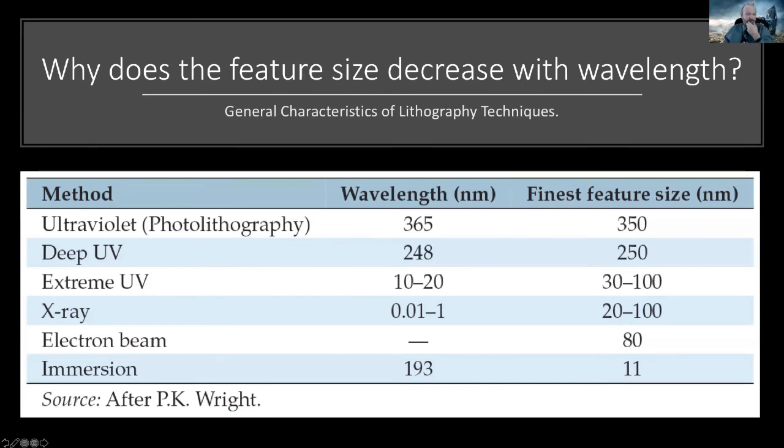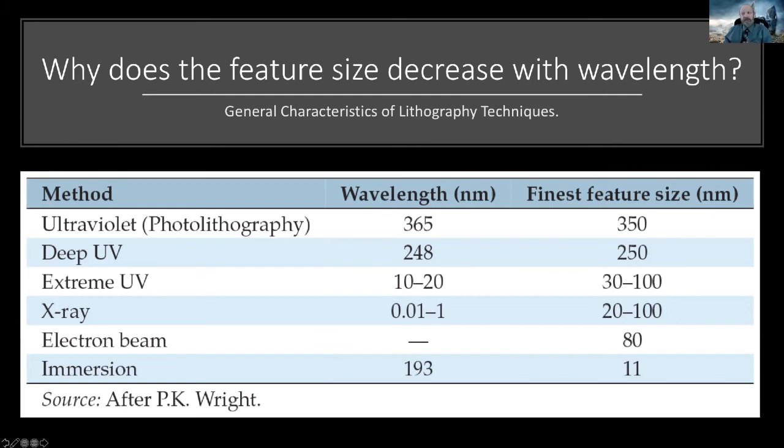If you're using ultraviolet light, standard photolithography, this is 365 nanometers, which incidentally is the i-line of the mercury arc spectrum. We use mercury arc lamps for most photolithography, and there's a very strong line at 365 nanometers.